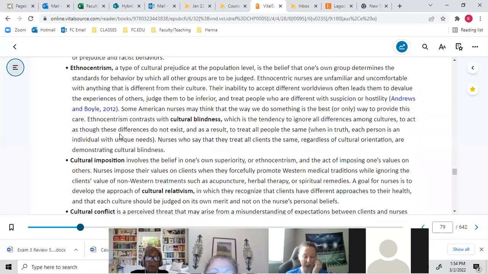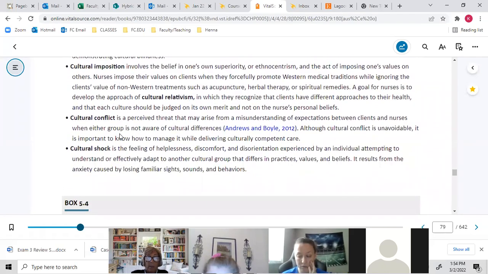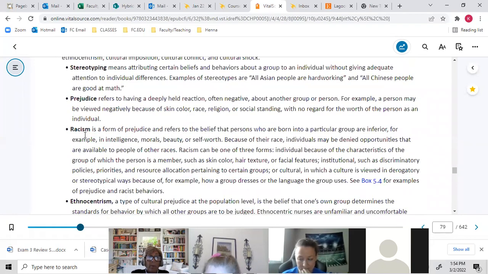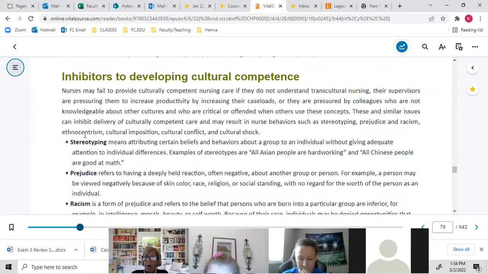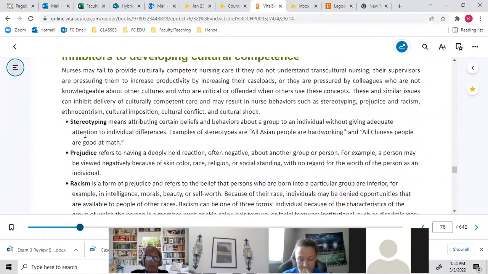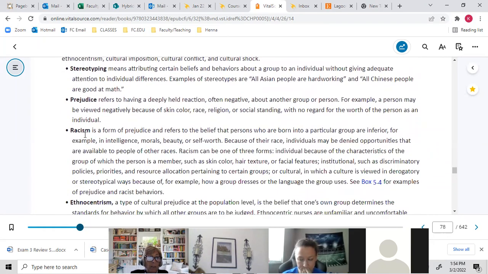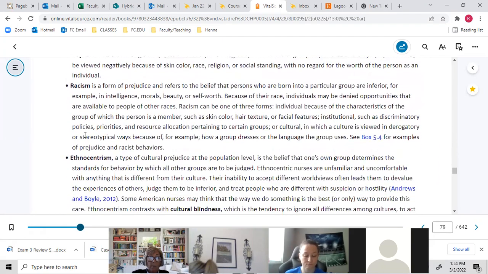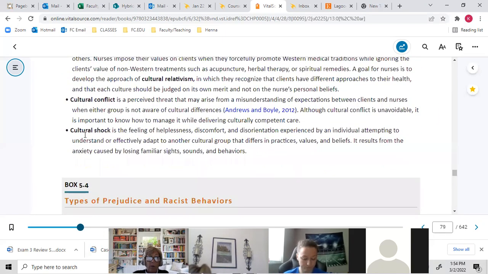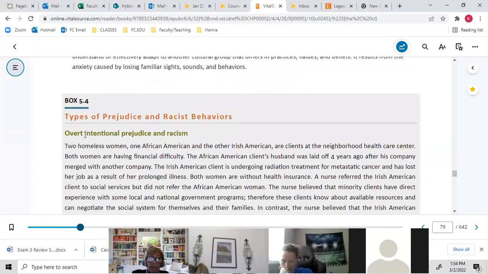What does ethnocentrism mean? Right? What's cultural shock? You may be provided a scenario in which there's a barrier or an inhibitor, and you have to identify what it is. Is this an example of stereotyping? Is this an example of racism? Is this an example of cultural shock?